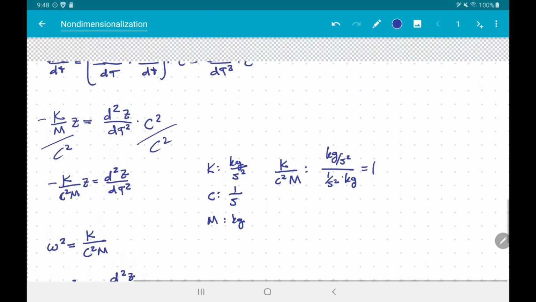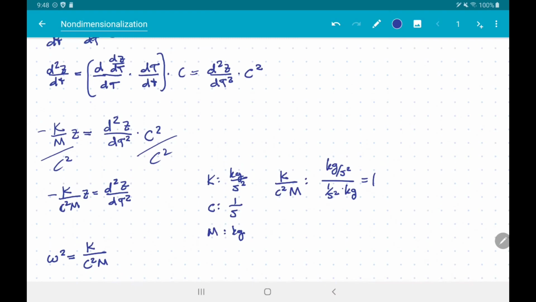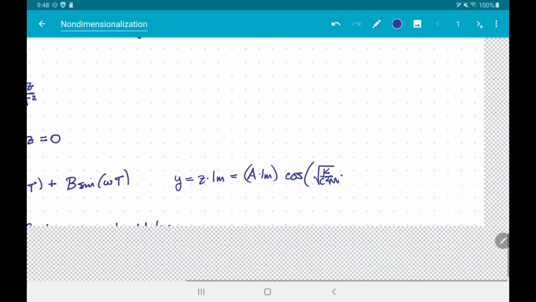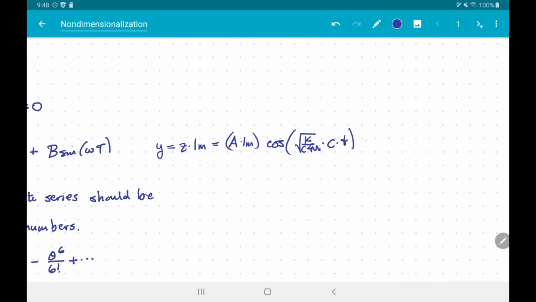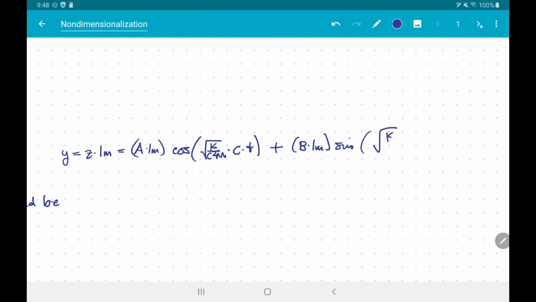Tau is c times t. So I need this times c times t plus b times 1 meter sine of the square root of k over c squared m times c times t. And it actually cancels out. The c here will cancel out with the c squared under there, and that will leave you with, oh, I forgot, plus the offset.